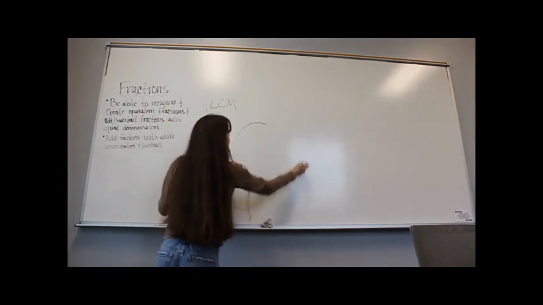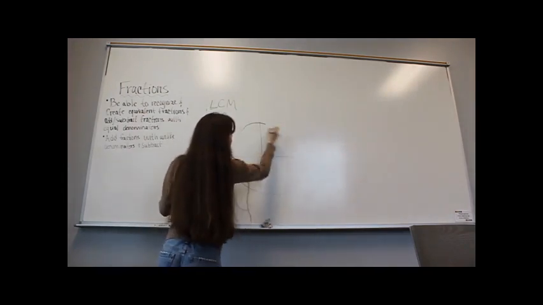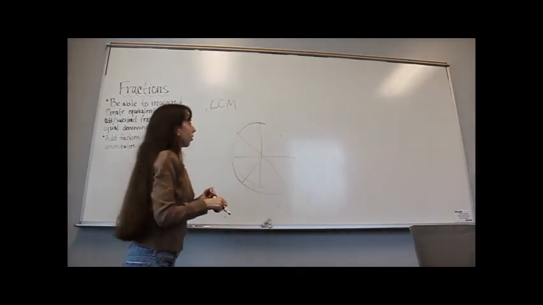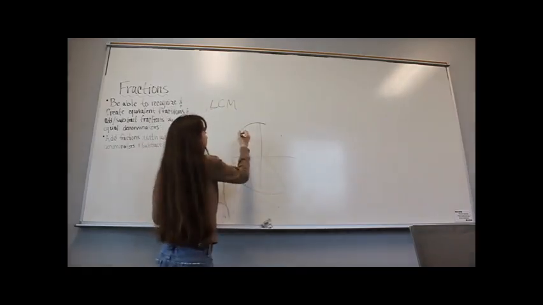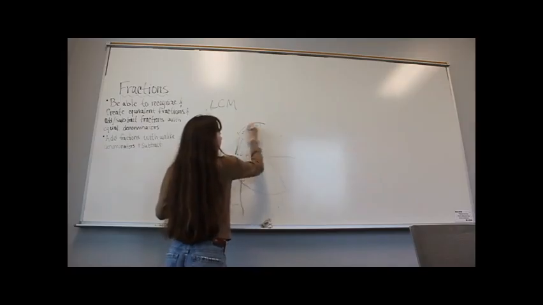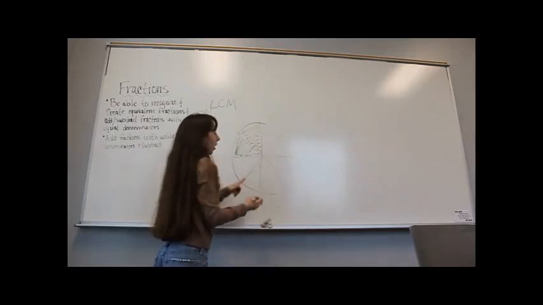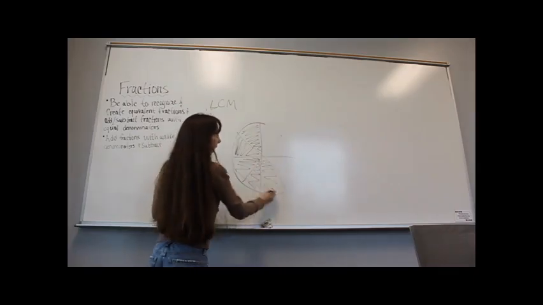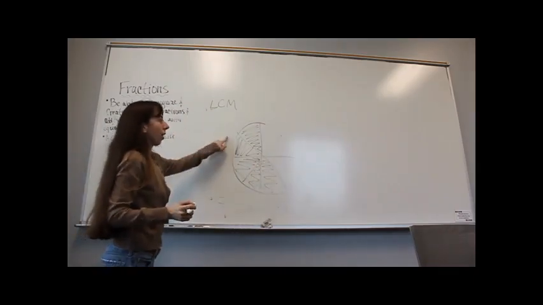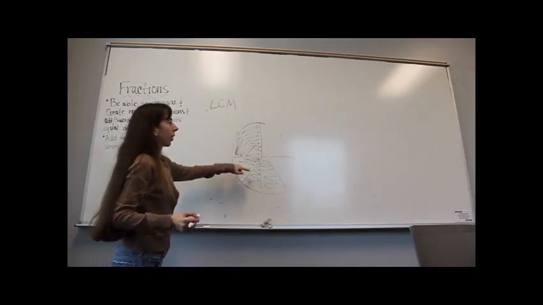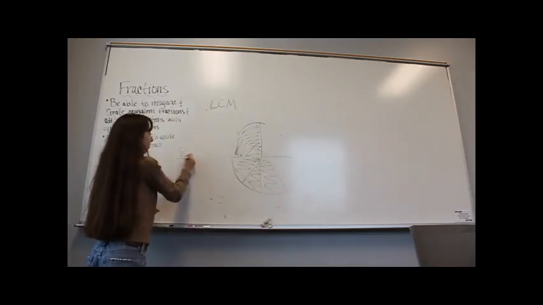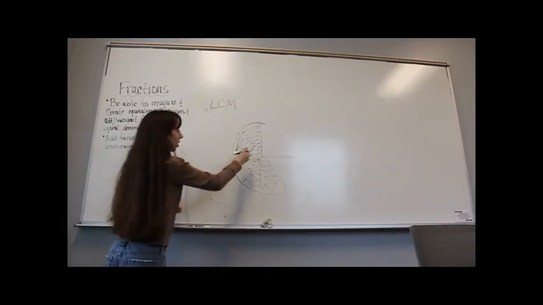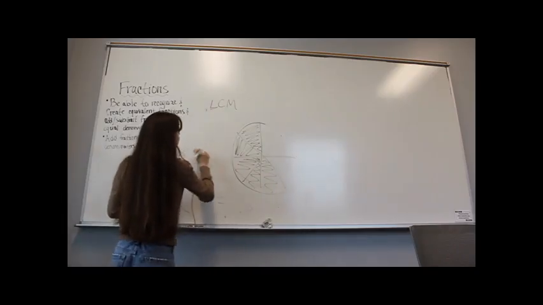Okay, so how we use this in real life is, say you eat these two, and then your friend eats these 3 pieces over here. So how many do we have left? If there were 8 slices, so 8 over 8 minus 2 over 8, or minus 3 over 8 from your friend, and minus 2 over 8.